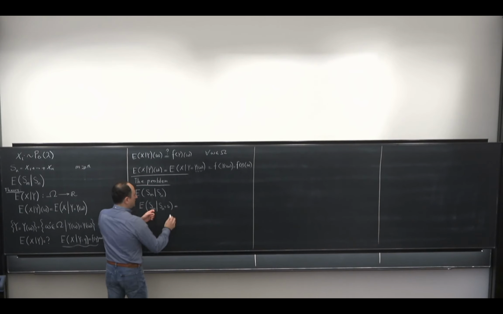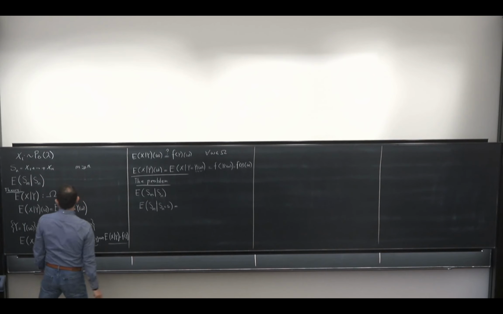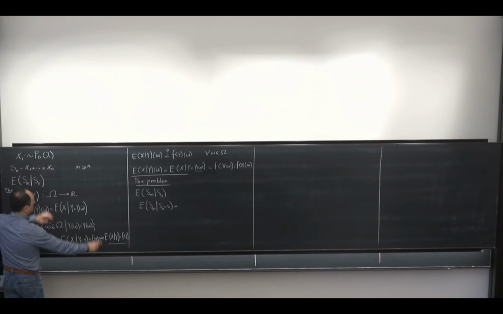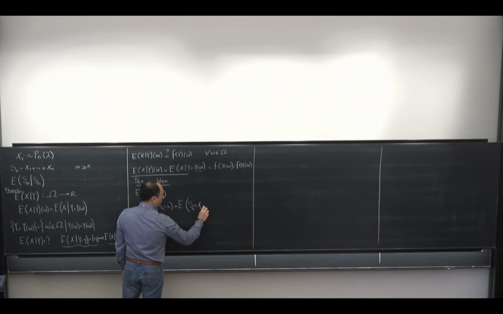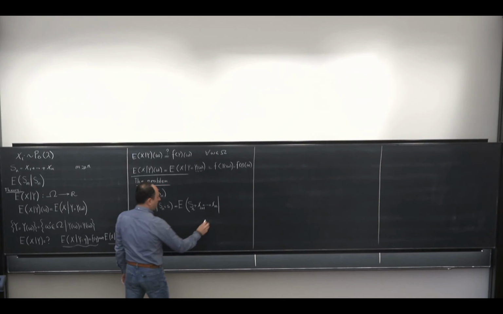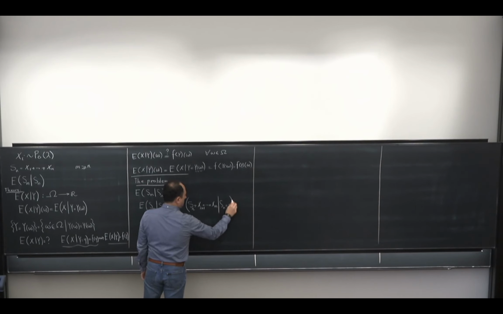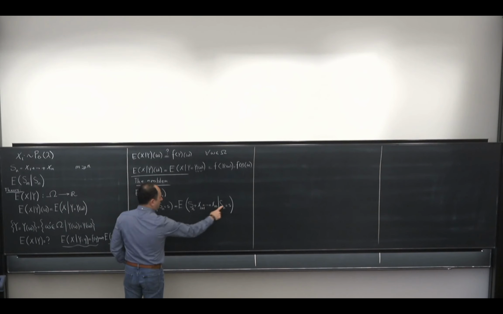Sm is the sum from the first term to the mth term, and Sn is from the first term to the nth term, but m is greater than or equal to n. So what I can write, instead of Sm, I can write Sn plus the rest of the terms, X_{n+1} up to X_m, provided that Sn is little s. Yes? And then of course instead of this Sn I can put this little s.